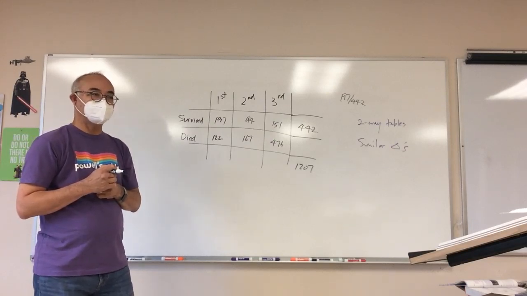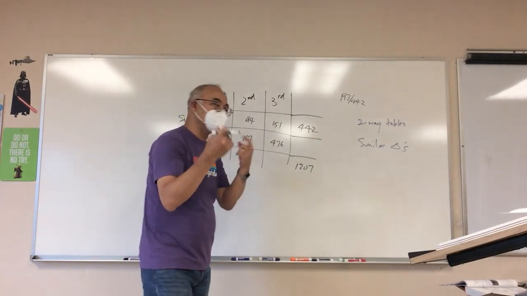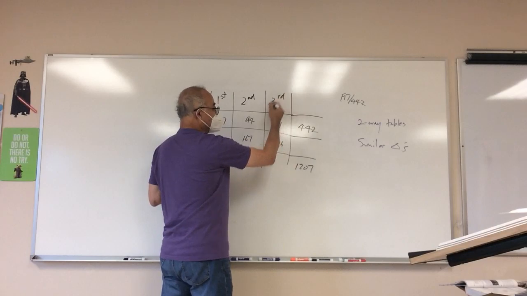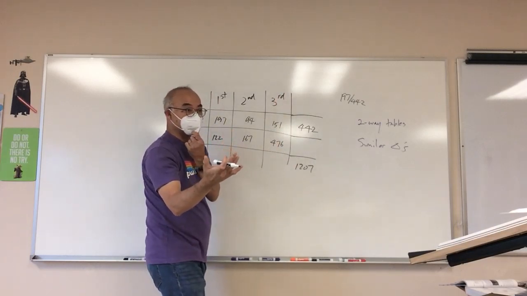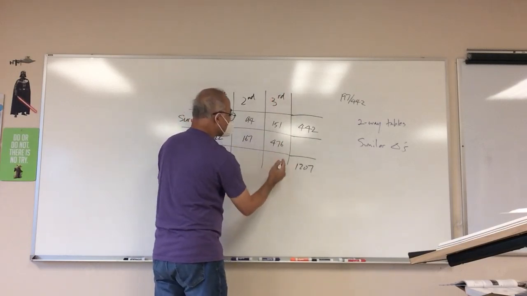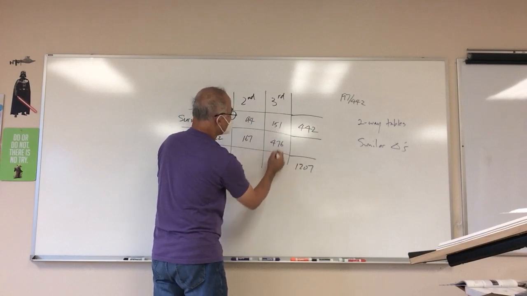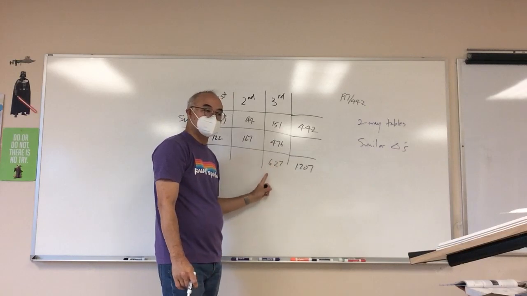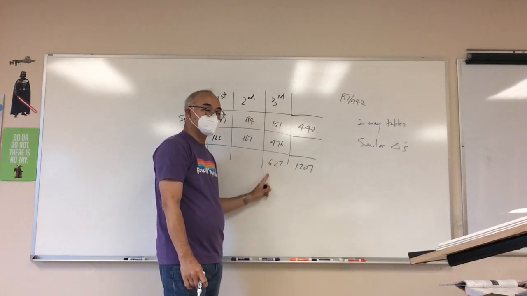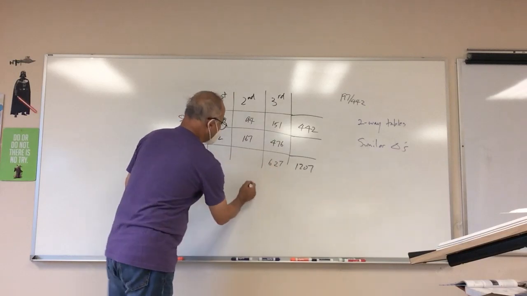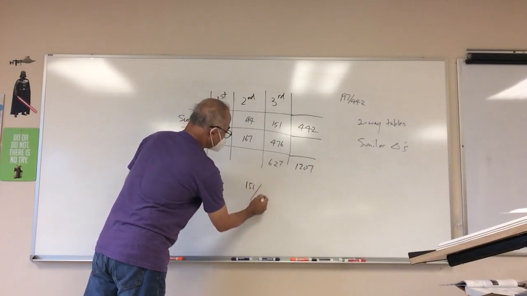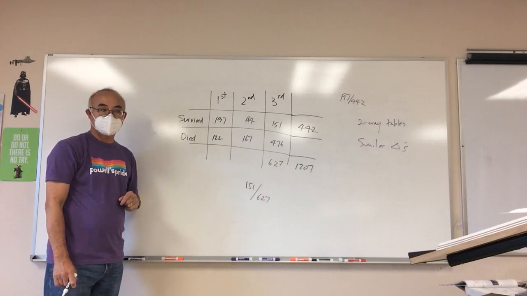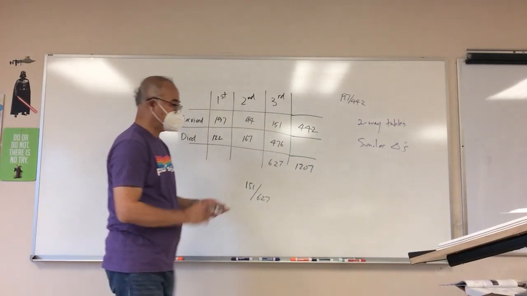No. If you were third class, you have to be in third class steerage, so you'd have to add this together: 627. There were 627 third class passengers, and I asked what are the chances that you survived, so it'd be 151 over 627, correct? Am I good? Okay.